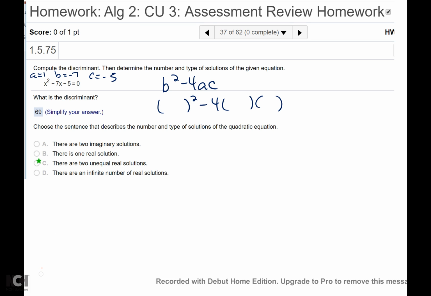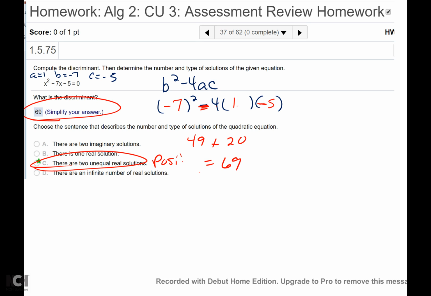So if I plug those in, b is -7, a is 1, c is -5, I get 49. This negative times this negative is positive. 4 times 1 times 5 is 20, which gives me 69. That is my discriminant. Because it is positive, there's 2 unequal real solutions.